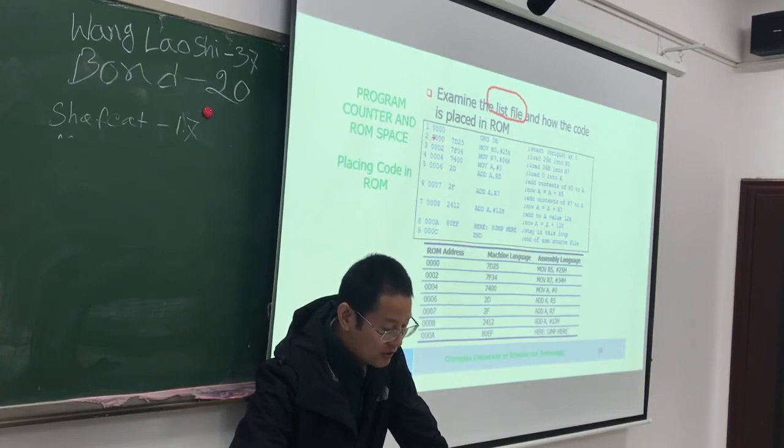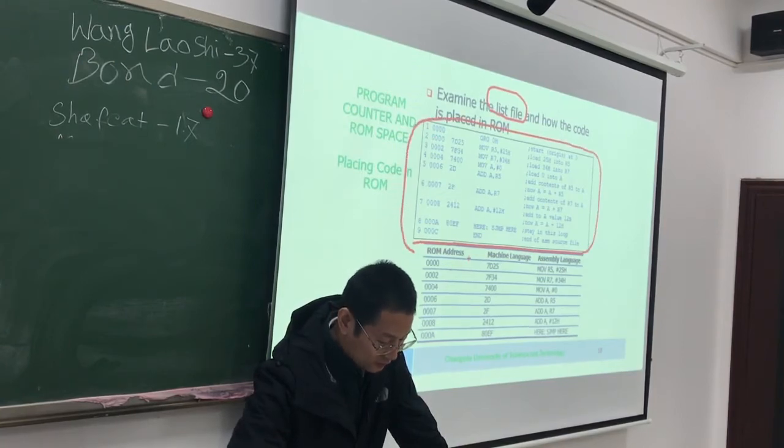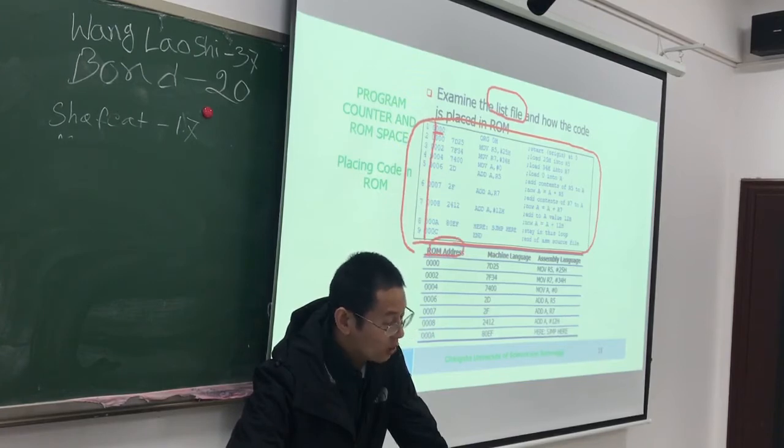On the list file, you can see like here: this column is the ROM address, this is the machine code, this column is your assembly language, and last is the comment.